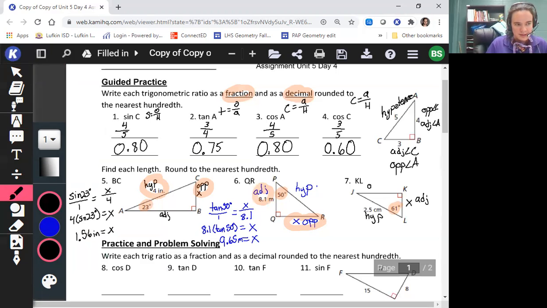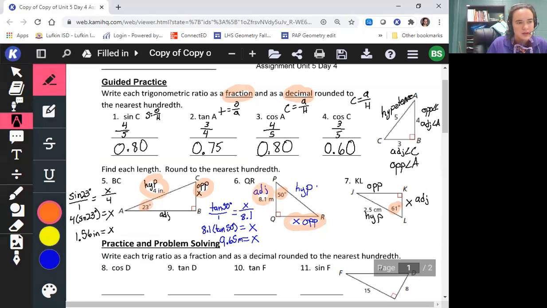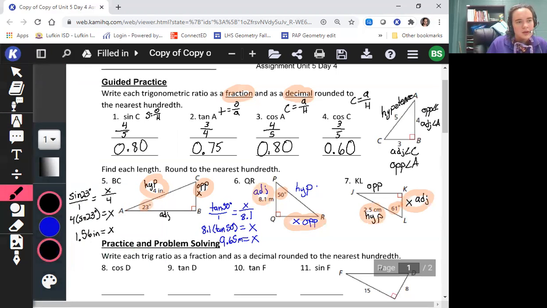Across from it is the opposite. So the two sides that we are going to use are hypotenuse and our adjacent. So which trigonometric ratio do we have? We need to use cosine.